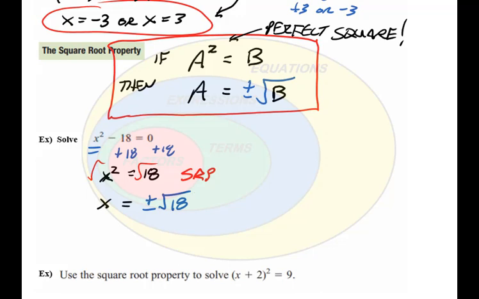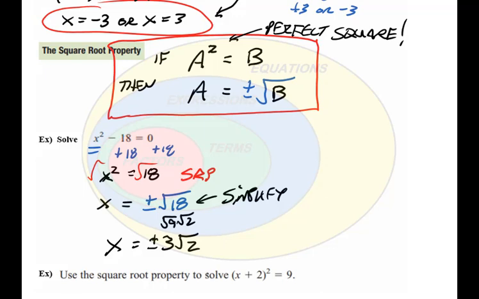So since we know how to simplify, if we have a square root expression, we always want to simplify. So the square root of 18 is the same as the square root of 9 times the square root of 2. So x would then equal plus or minus, the square root of 9 is 3, and then the square root of 2.